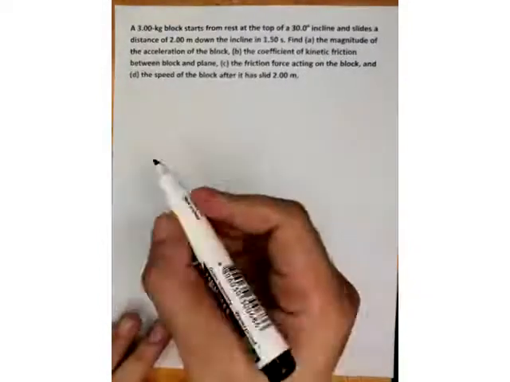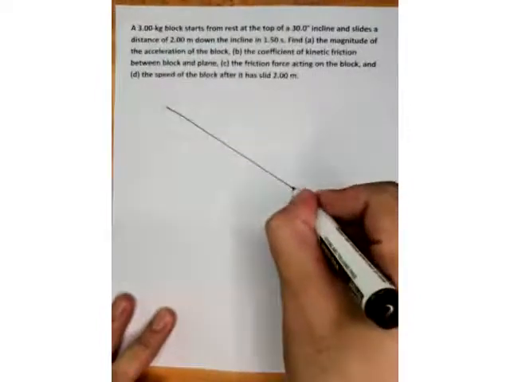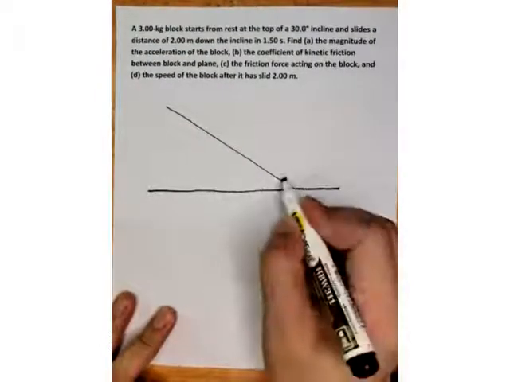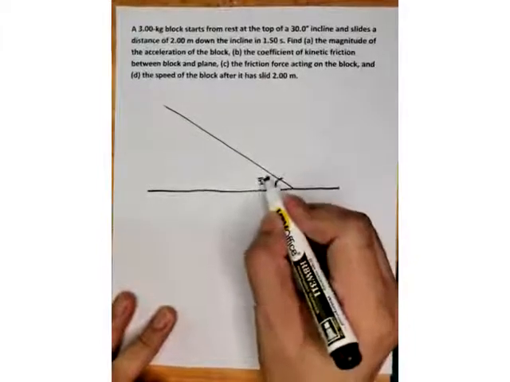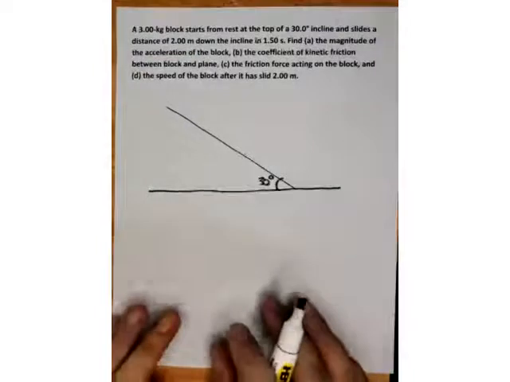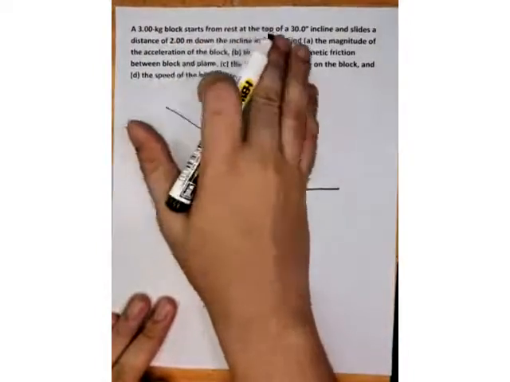Okay. Sige. Thank you. So, draw muna natin yung figure nung problem natin. So, meron daw tayong inclined plane at yung angle of inclination is 30 degrees. And then meron tayong block which starts from rest at the top.